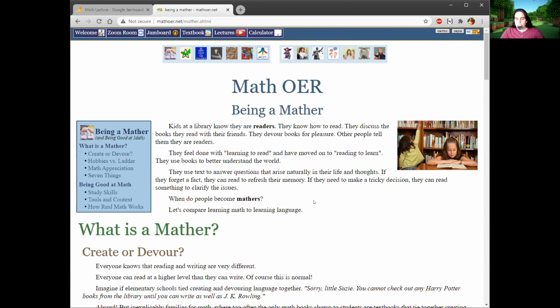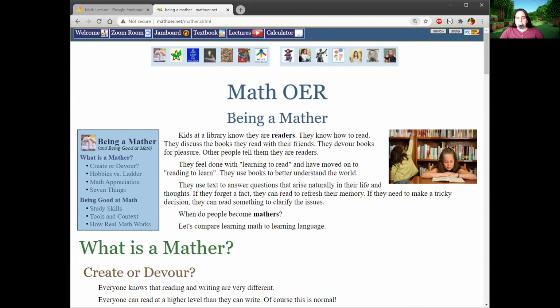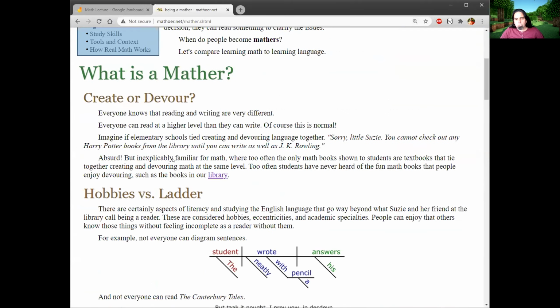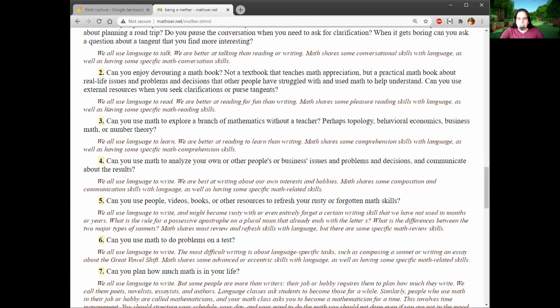And yes, you are now done learning math for the sake of having to learn math, and you can use math for other things. Just like we switch in elementary school from learning to read to reading to learn. Let me actually make the font a bit bigger. So read that on your own time. I'm not going to go about it now.